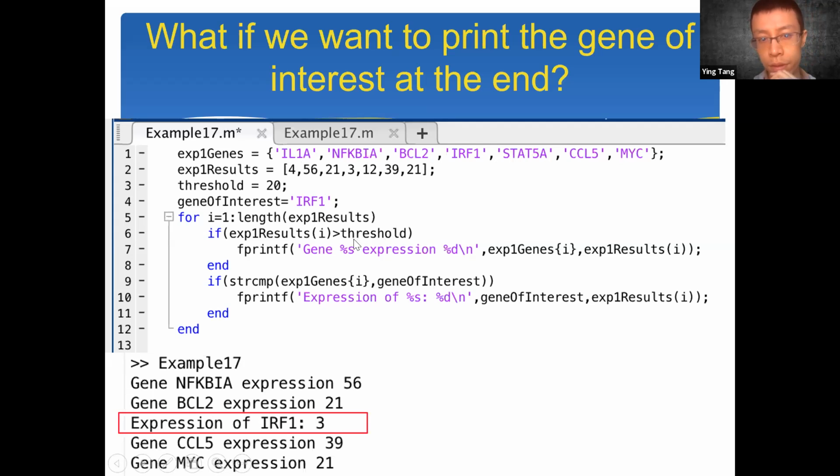And when I find other genes over the threshold, I print them out. So how to adjust the code to print out the gene of interest only after printing out all the genes over threshold? Could you try to adjust this code and print out the gene of interest at the end? Is the problem clear? If not, you can ask.